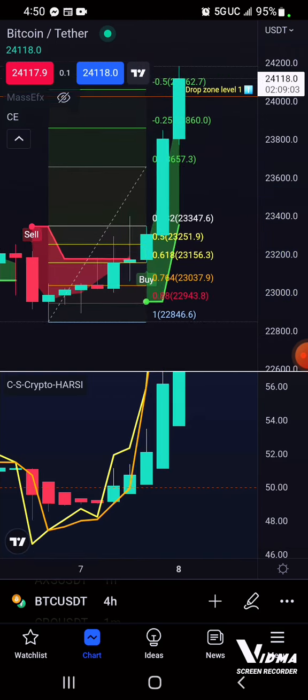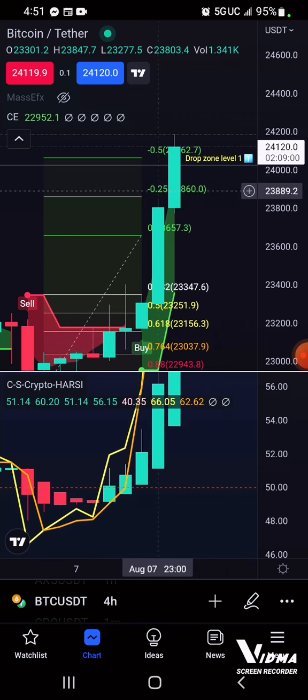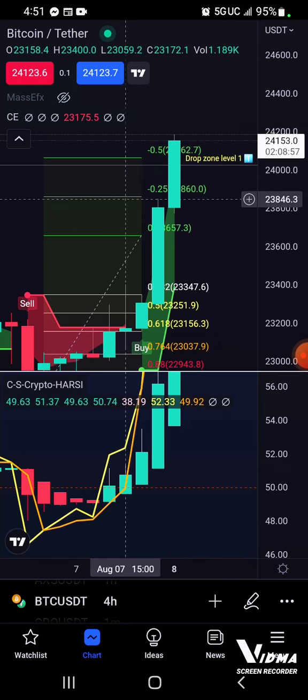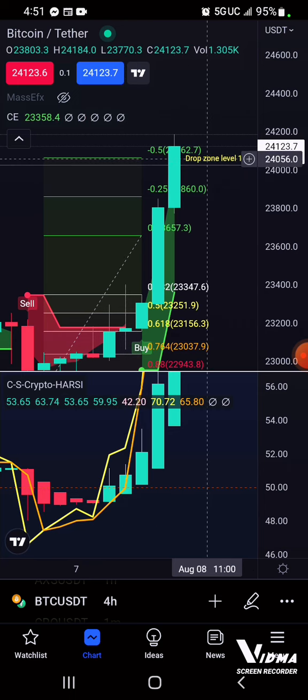I'm going with the trend, so I take profit 3. Here's take profit 2, here's take profit 1. And you can see that it would have made it through, and then the next candle that's going to show up is going to end up being a bearish candle.